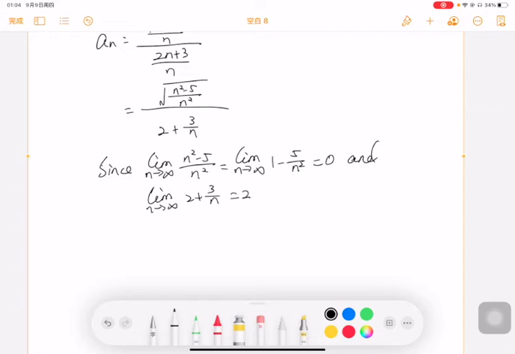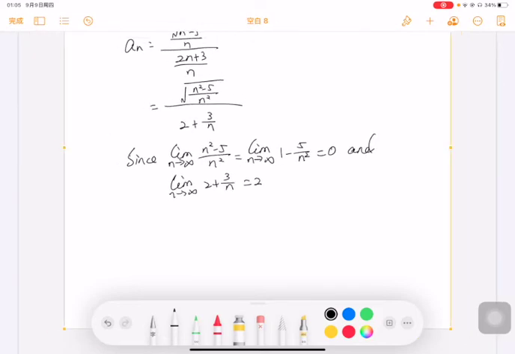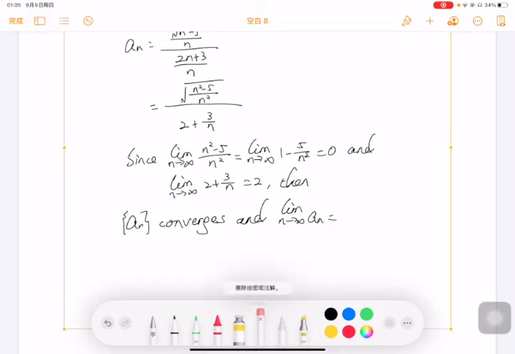Since we know that these two limits exist and we know their values, then a_n converges, and the limit as n goes to infinity of a_n equals, what am I doing?